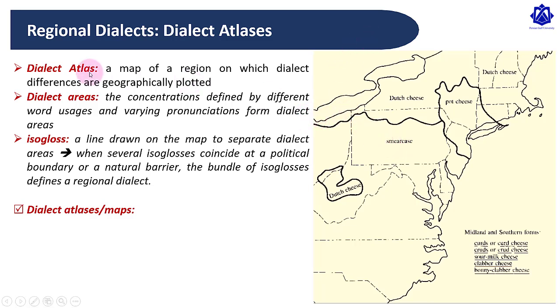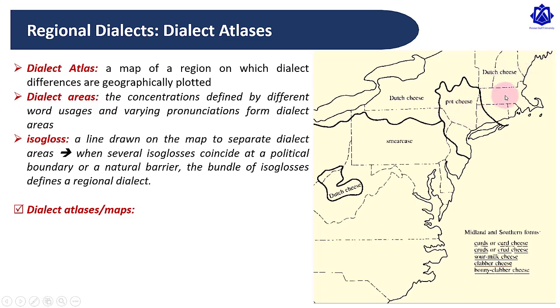So, therefore, this dialect atlas, what does it show? It shows what the dialect differences are, and it plots them geographically. For example, the question is, in what places "smearcase" is used, and in what places "pot cheese" is used and "dot cheese" is used.